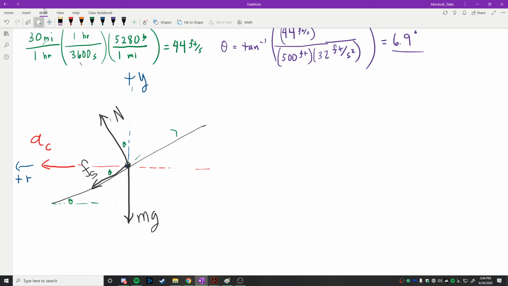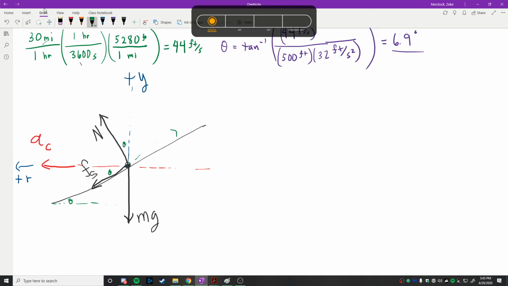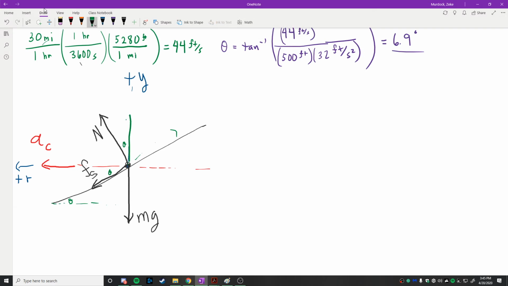And then you should be able to say that the force here can be broken up into a component that goes up, sorry, and a component that goes left. Oh, sorry, this is going to be the n sine theta.